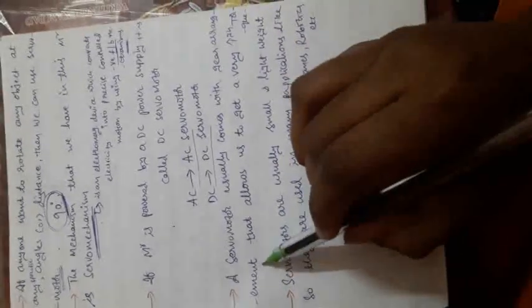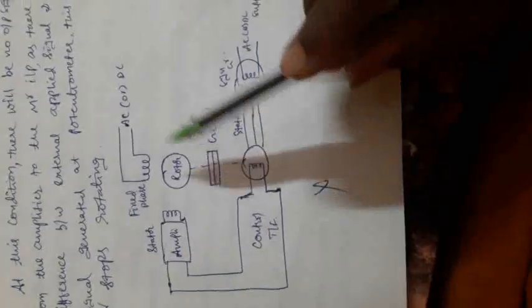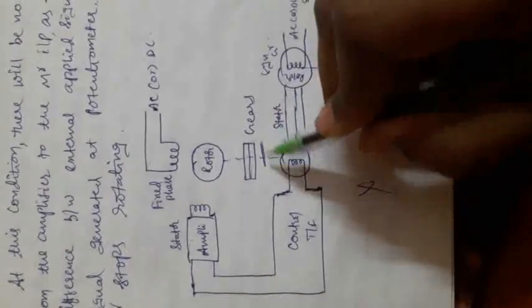A servo motor usually comes with a gear arrangement. I have already drawn the diagram of the servo motor. This consists of the gear mechanism.